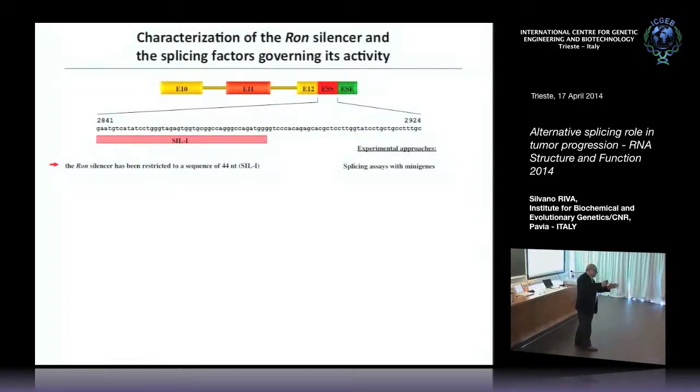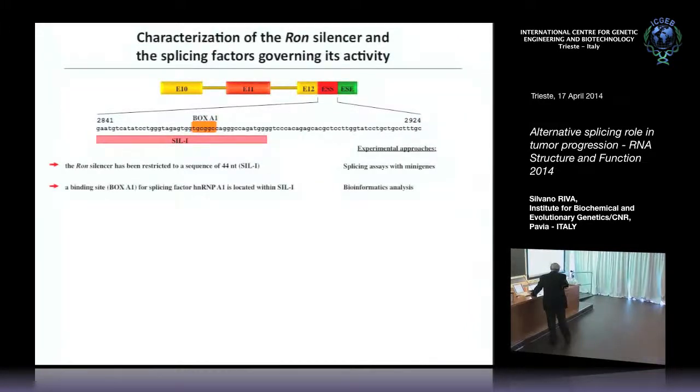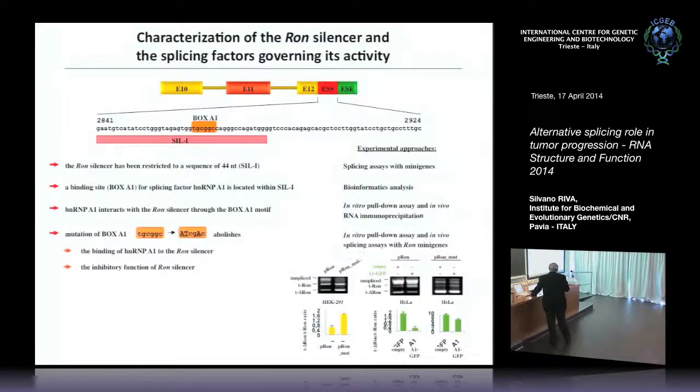Now, I talked about the enhancer that binds SF2. Next to it, there is a silencer. That took much more time to find out what binds to the silencer. Turns out that we identified the silencer, and it turns out that the silencer binds HNRNPA1.